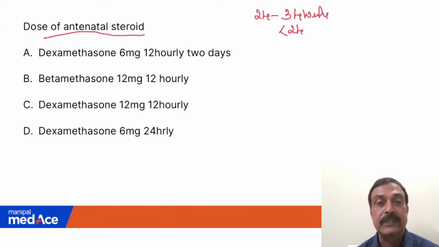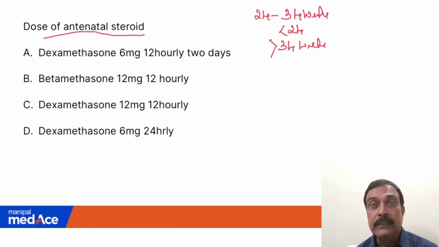Below 24 weeks, the role of steroid is controversial or may not give much benefit, whereas at 34 weeks and beyond, it may not be required because the baby's lungs are already developed. We have two drugs, dexamethasone as well as betamethasone. So remember 24 to 34 weeks of gestation.